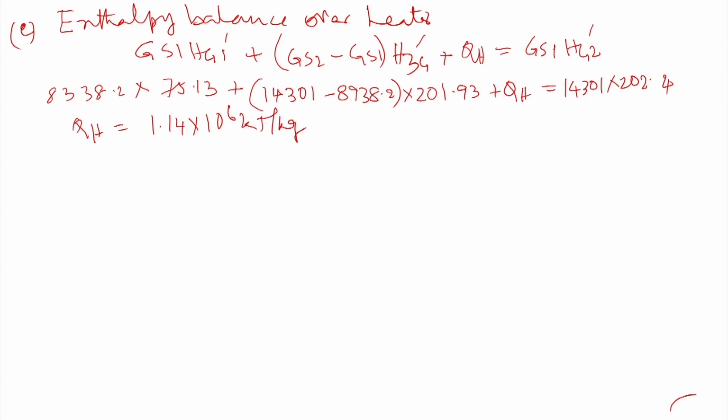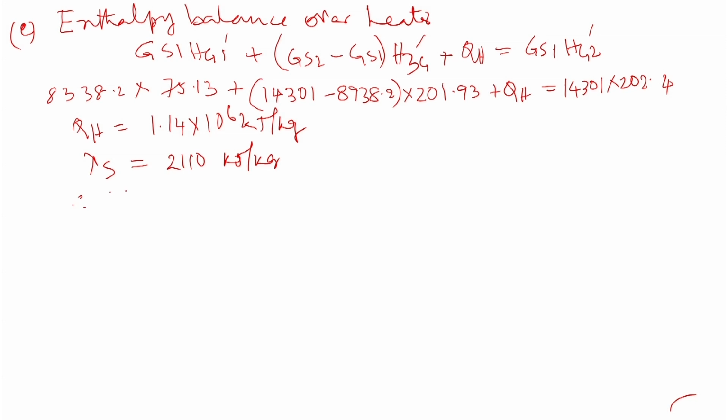So, this amount of heat actually is lost, and we know this latent heat, lambda S, at this 4 kg per centimeter square gauge pressure, is given as 2110 kilojoule per kg.